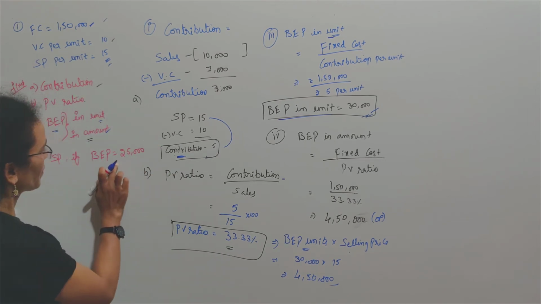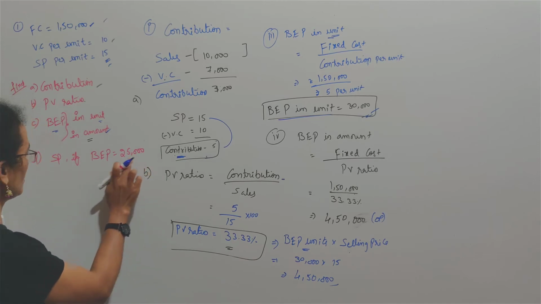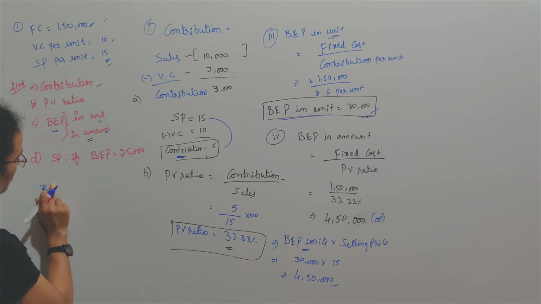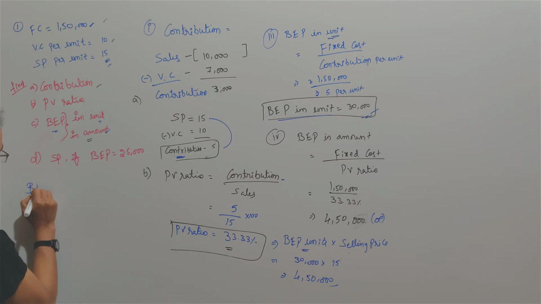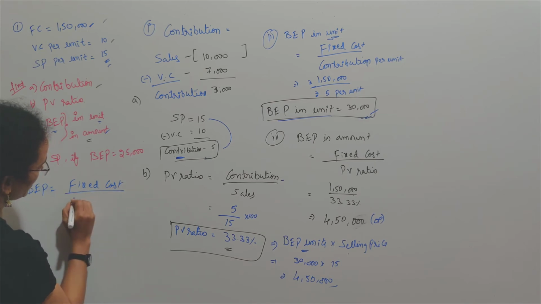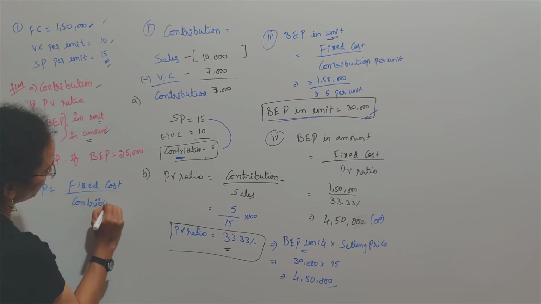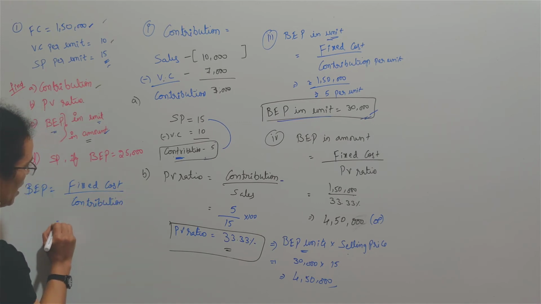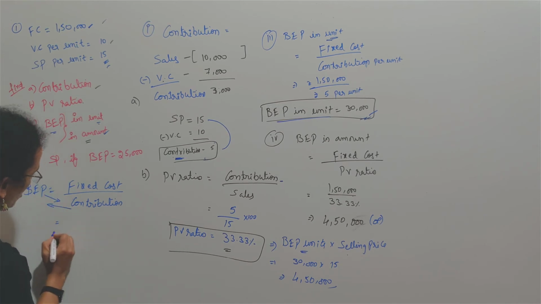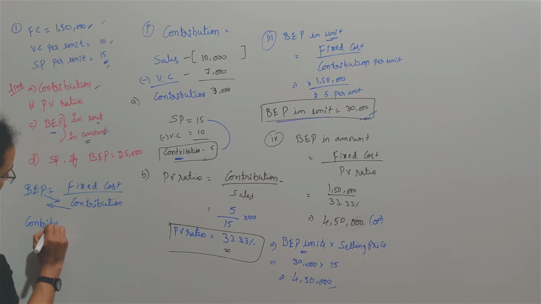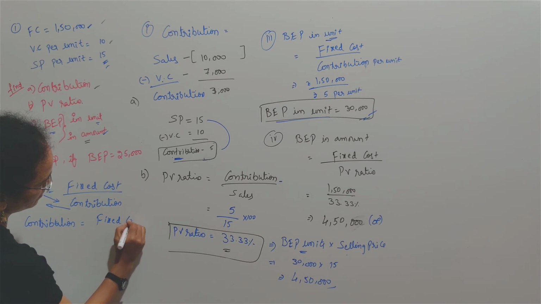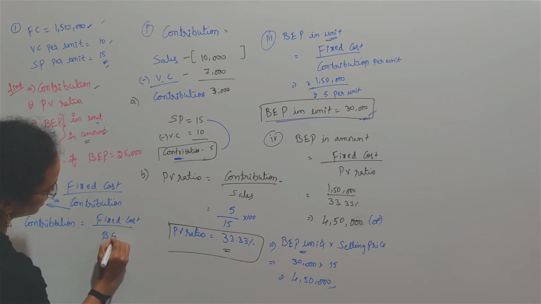And coming to this one: if the break-even point is 25,000, then what is the selling price? The break-even point formula is fixed cost divided by contribution. Rearranging, contribution equals fixed cost divided by break-even point.